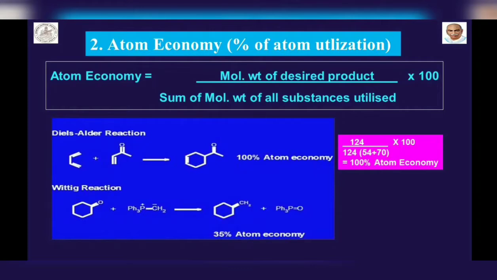And the molecular weight of the product is 124. Now you can substitute in the above formula. Molecular weight of desired product is 124, divided by the sum of molecular weight of all substances utilized, which is 54 plus 70 equal to 124. So 124 divided by 124 into 100 is equal to 100% atom economy.